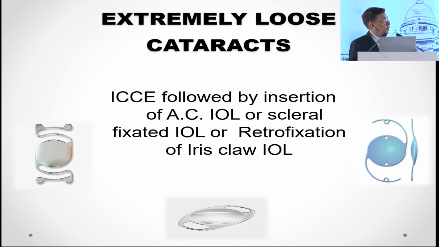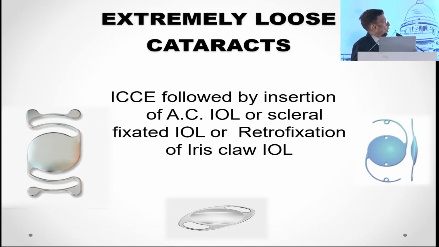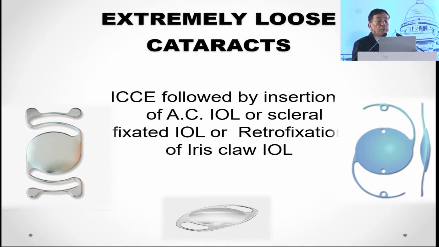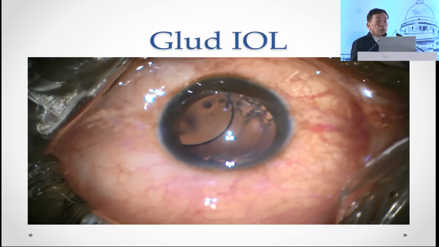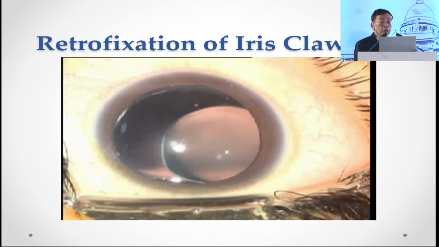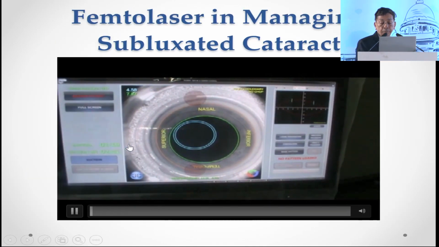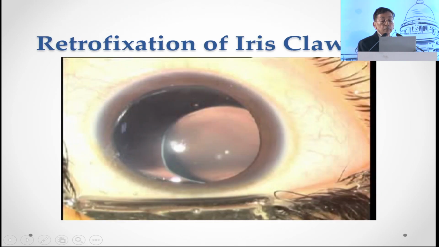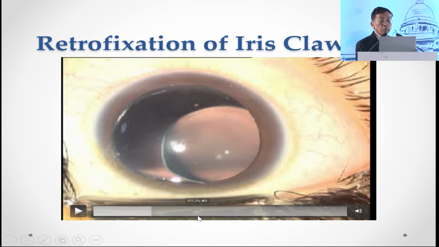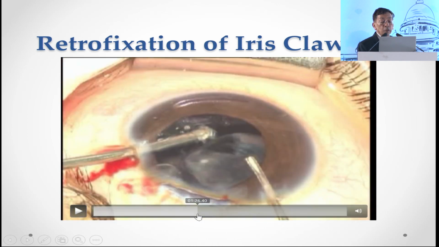Now, in case of extremely loose zonules, there are multiple options: iris-fixated, glued IOL, anterior chamber IOL. We skip the glued IOL for now. This is the iris claw for a subluxated lens in Marfan syndrome.